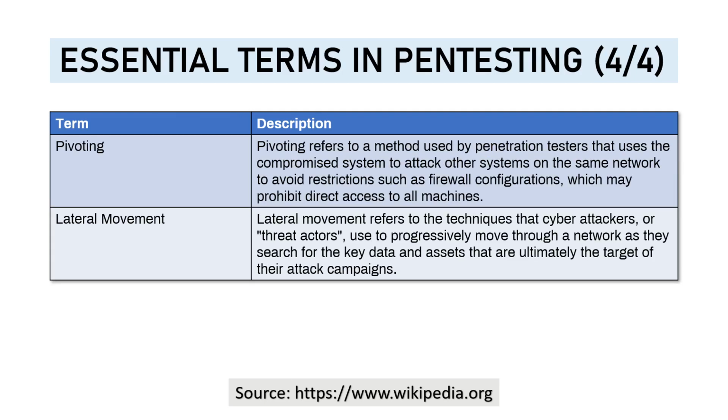Then you can do lateral movement later on, which is the technique to progressively move from one network to another, of course with the idea to get more assets and gain more information.